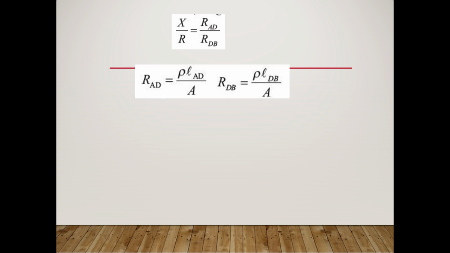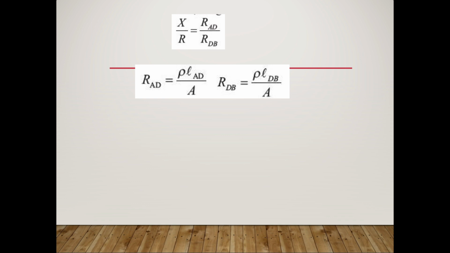We can write RAD equal to rho into LAD divided by A, and RDB equal to rho into LDB upon A, where small l is the length, rho is the specific resistance of the wire, and A is the cross-sectional area of the wire.